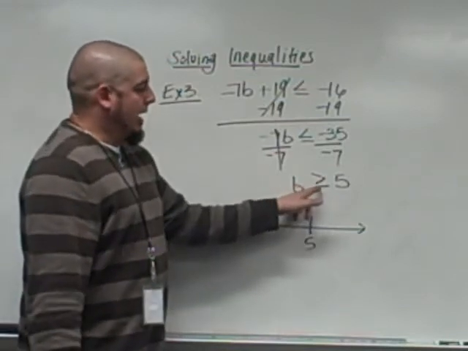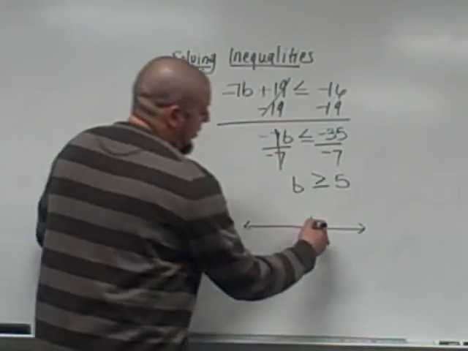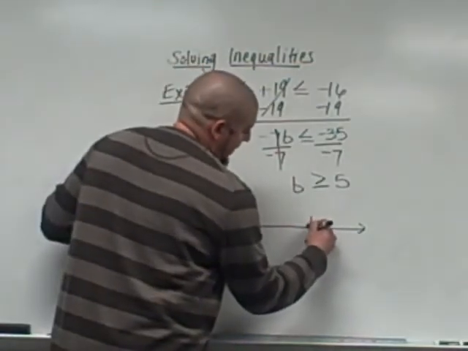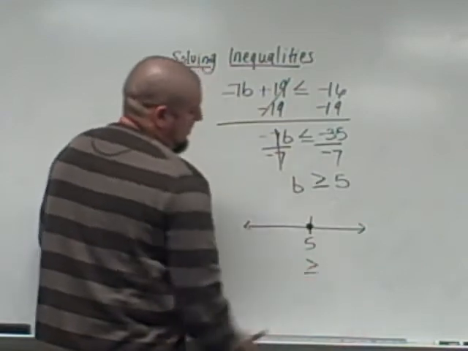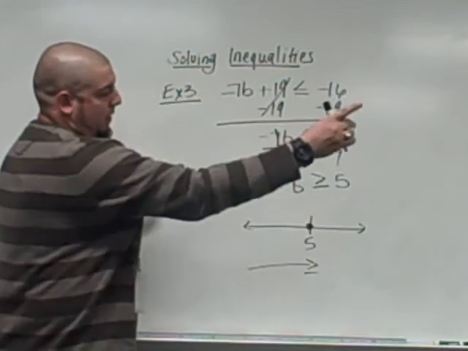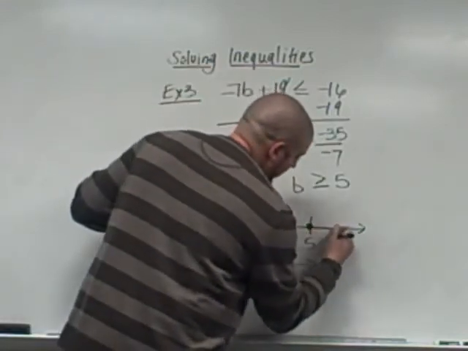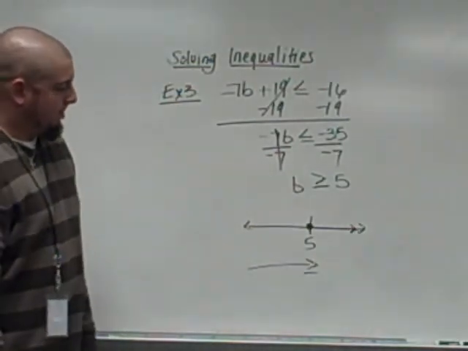Well, I have the line underneath now saying it's equal to. Since it's equal to, it's part of my solutions, so I'm going to have a closed circle. Pull your inequality sign down, make it into an arrow. Which direction is it pointing? It's pointing to the right. So there's my graph, going to the right.